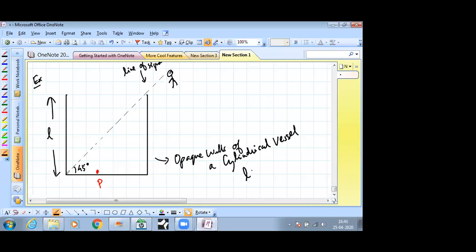So the length of the sides is equal to the diameter of the floor, and that is equal to 30 centimeters. Okay. And that point object P is given to us at a distance of 5 centimeters from the center. So if the center of the floor is over here, and the floor is actually this kind of a vessel, that point object is here.